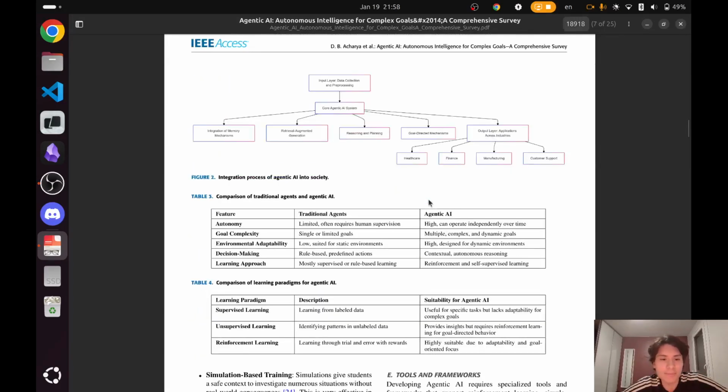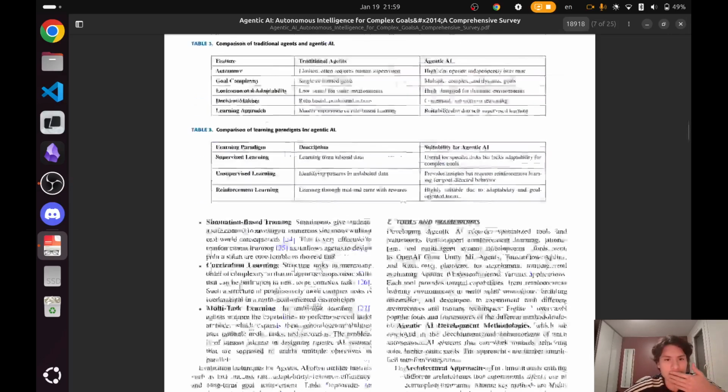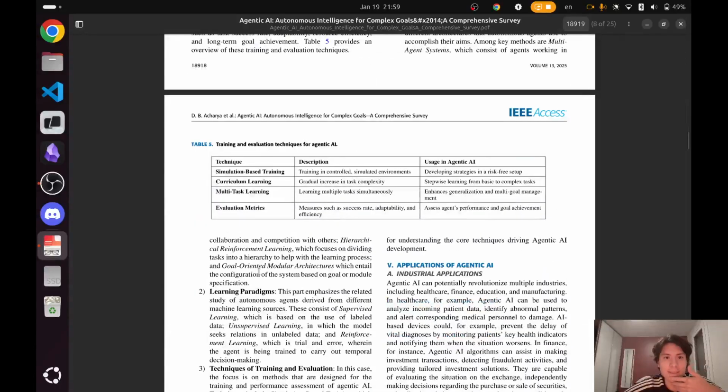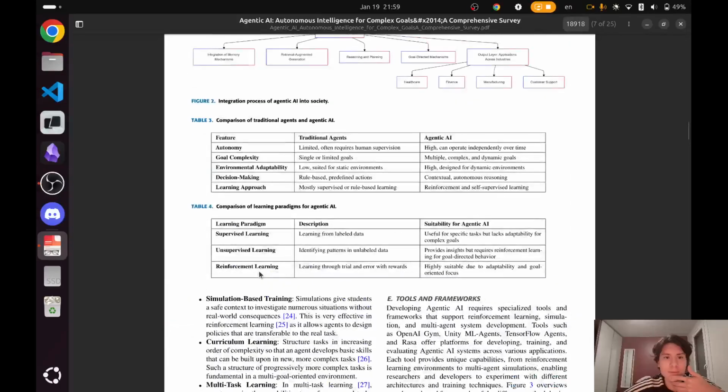And then, very important, the evaluation techniques. What they say basically is that accuracy is not the only metric, but rather you have to evaluate the agents over a set of different features, which they defined. I don't remember where they defined it. Maybe it's this, the autonomy.